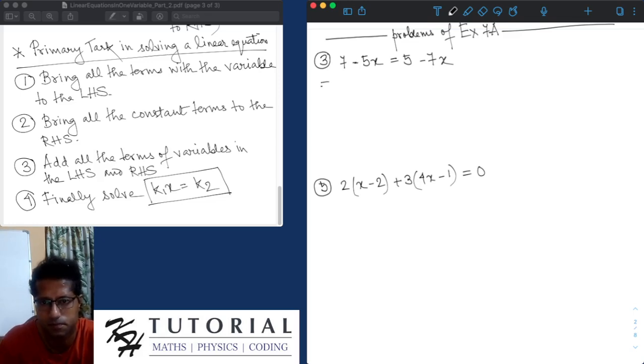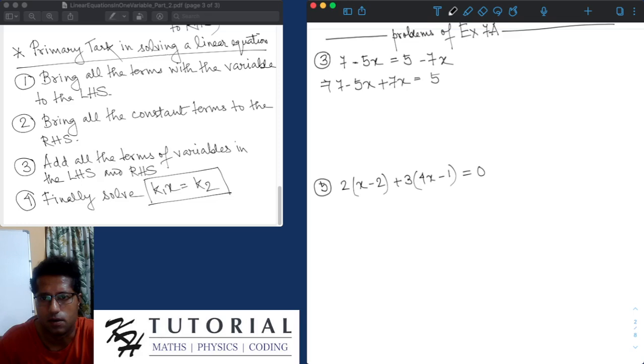So this implies 7 minus 5x. I am transposing the minus 7x term from the RHS to the LHS, so its sign will change and it will become 7x. 7x will be added to the LHS and removed from the RHS.